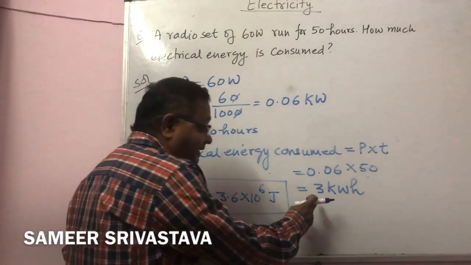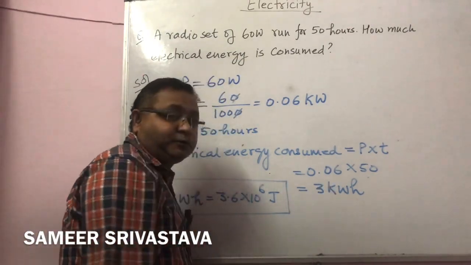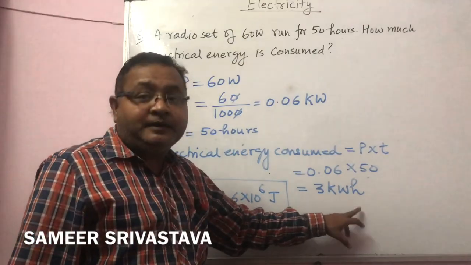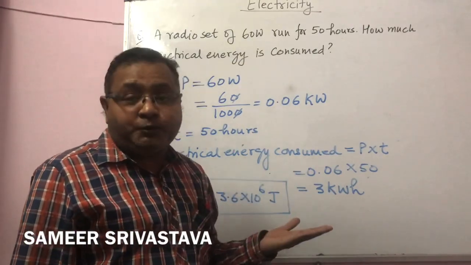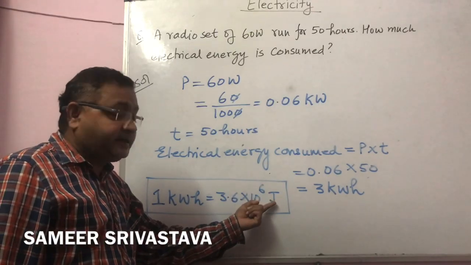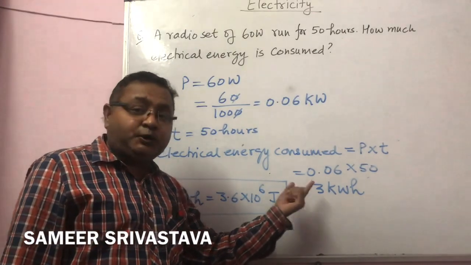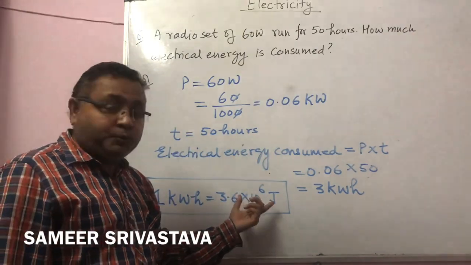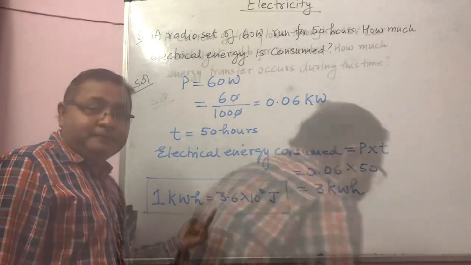Now the final answer, if the answer is in kilowatt hour, you can write 3 kilowatt hour, and if the question says convert it into joule, you can multiply 3.6 into 10 raised to power 6 with 3. Now your answer is converted into joule. Please note down this formula.